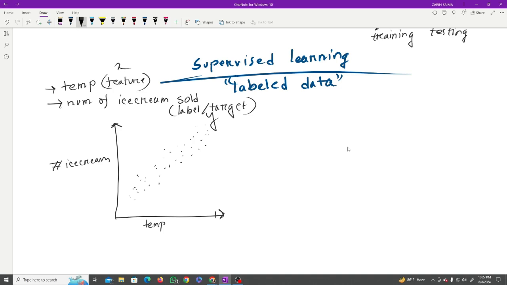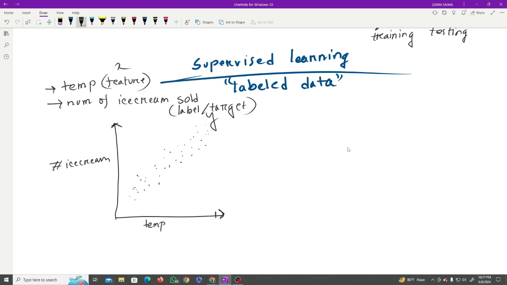When the temperature is low, I mean when it's winter, the number of ice creams sold is very low. Suppose we are giving some random values over here, and so on and so forth.